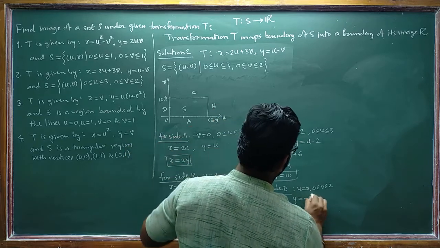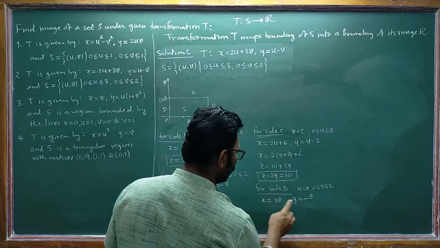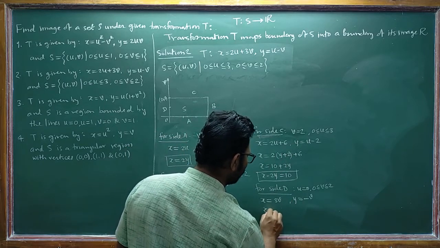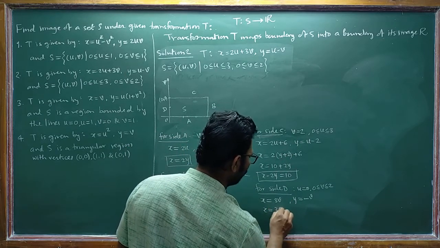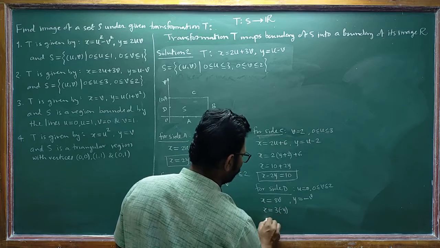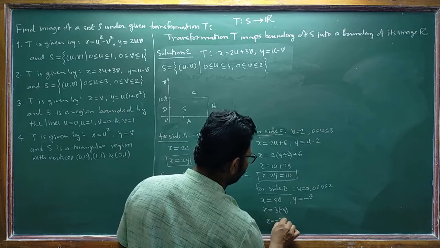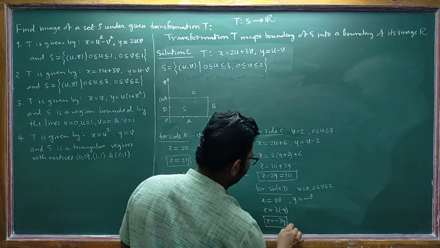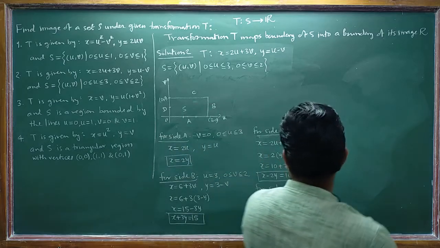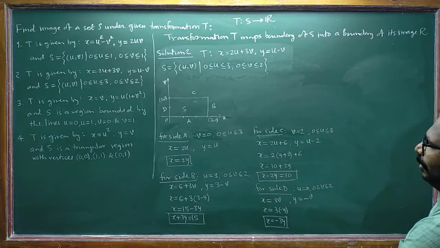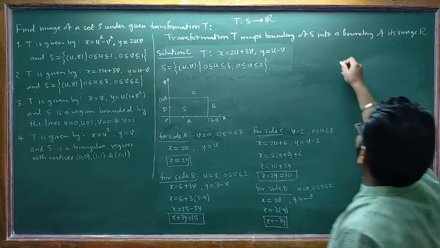U is 0, so it is minus v. Eliminate v. So x equal to 3 times v is minus 3y. Okay, so x is minus 3y. Now try to draw all these 4 lines in the xy plane.